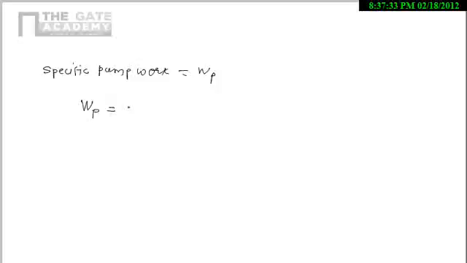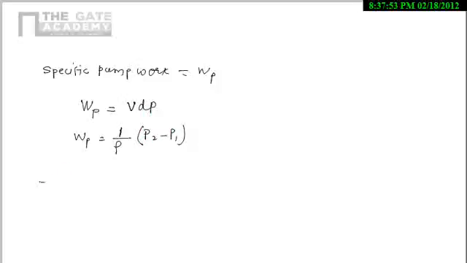So I am using the second one, the VDP formula. So WP equals V, the reciprocal of density, times delta P, so P2 minus P1.